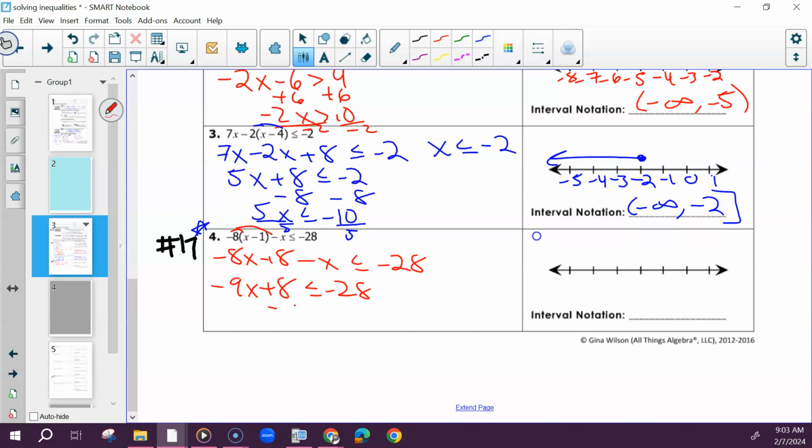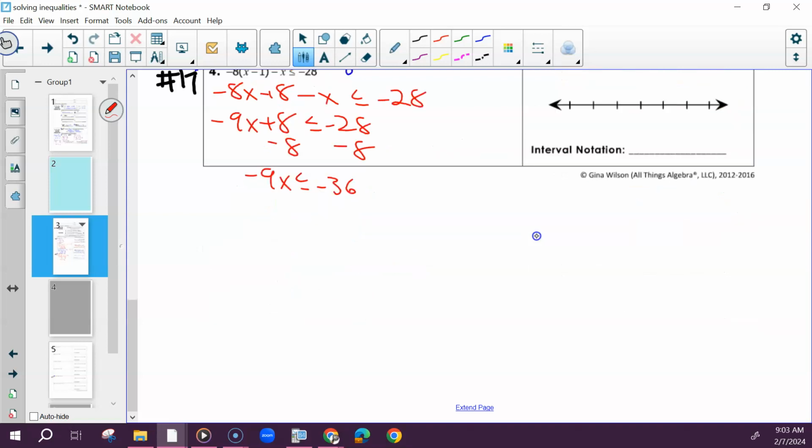Get rid of 8. And what happens when we divide? The sign flips, and this becomes a positive. So x is now greater than or equal to positive 4.